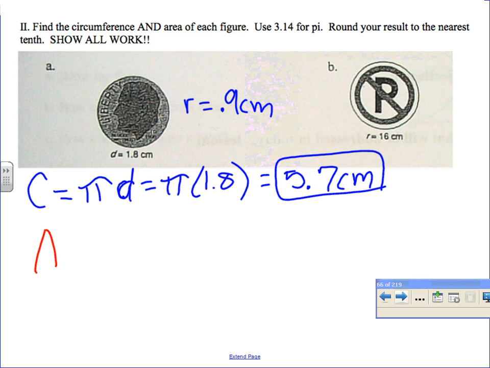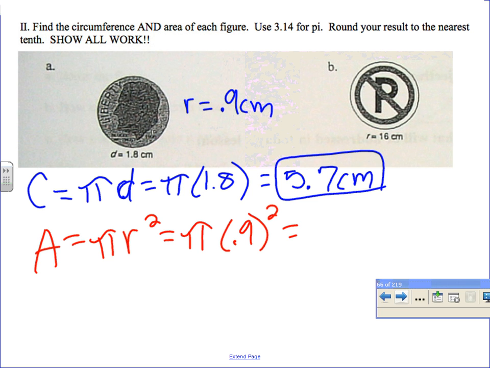Okay, so after we find the circumference, which is the distance around, they ask us to find the area. So area is pi r squared. So I'm just going to rewrite the formula. We are plugging the radius in, which is 0.9. Be careful. You guys should know this from our order of operations, but you should take 0.9 squared first and then multiply that by 3.14.